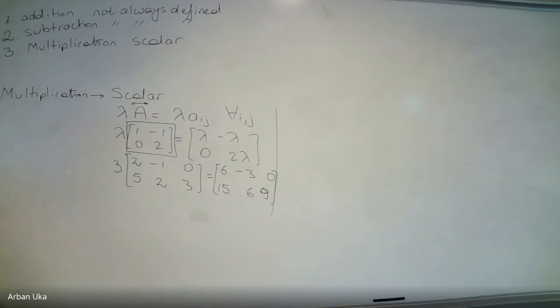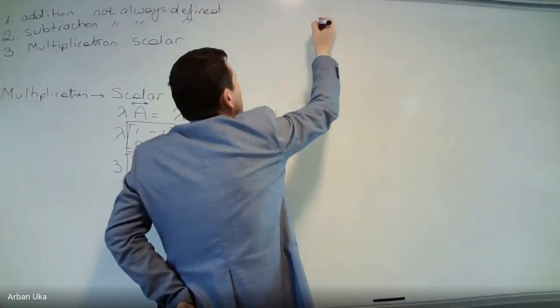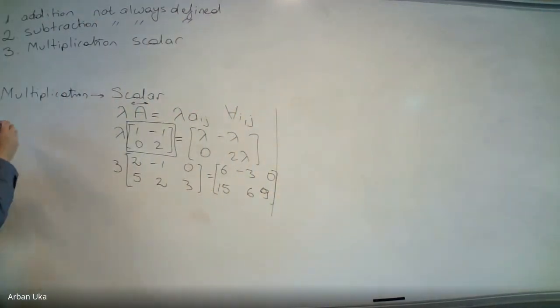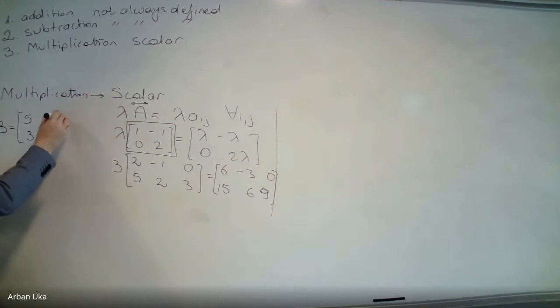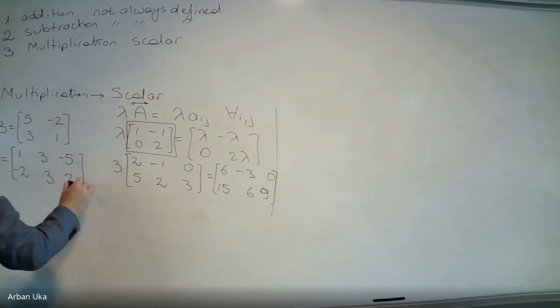Now, why could this be useful? I'm going to write it here, but I may delete it fast. Let's have some reference matrices. This is A, and let's have another matrix B. B is equal to 5, minus 2, 3, 1. So this is a 2 by 2 matrix. Let's also have another matrix C, which is 1, 3, minus 5, minus 2, 3, 2.